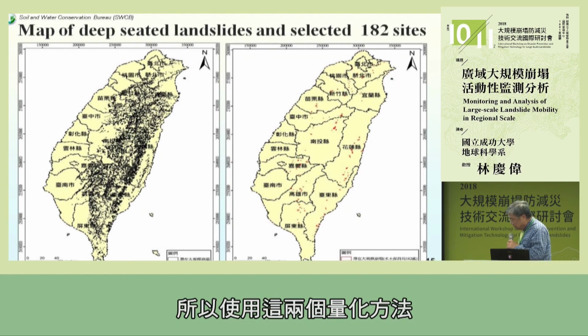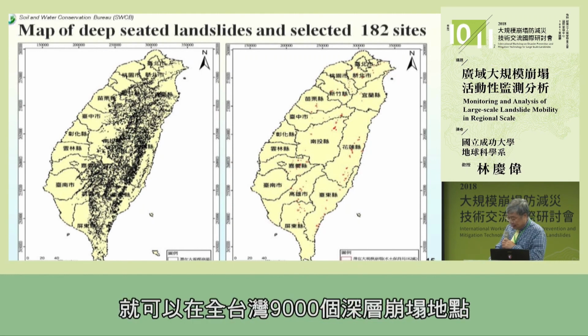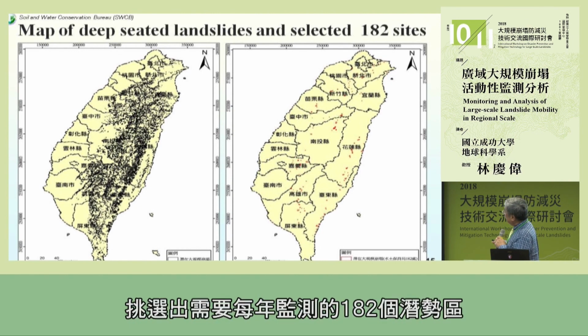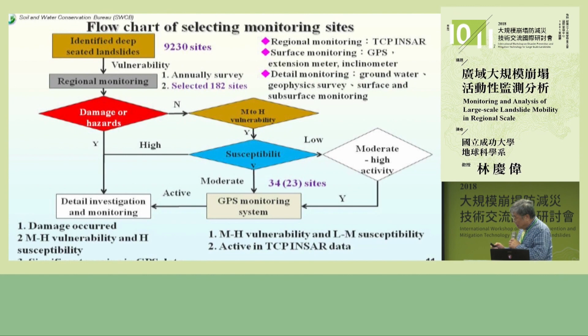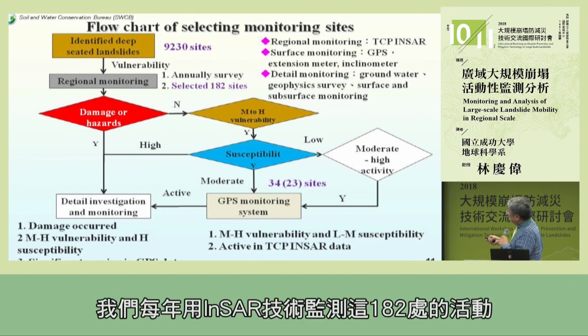So, using these two approaches, that's the distribution of the 9,000 sites in Taiwan, and that's the 182 sites distributed in Taiwan that we selected for annual deformation monitoring. For the 182 sites, we use the InSAR technique to monitor their activity, and we work on it every year.